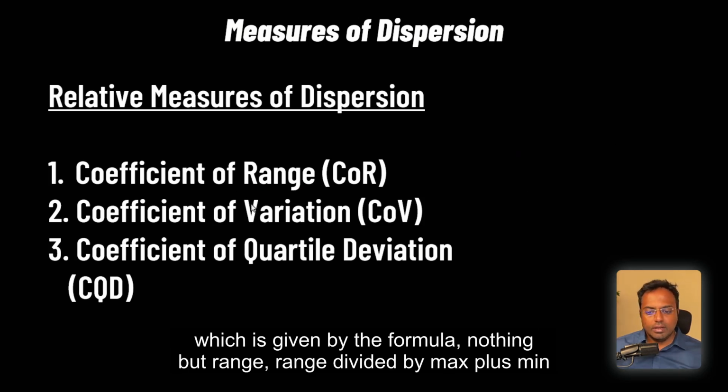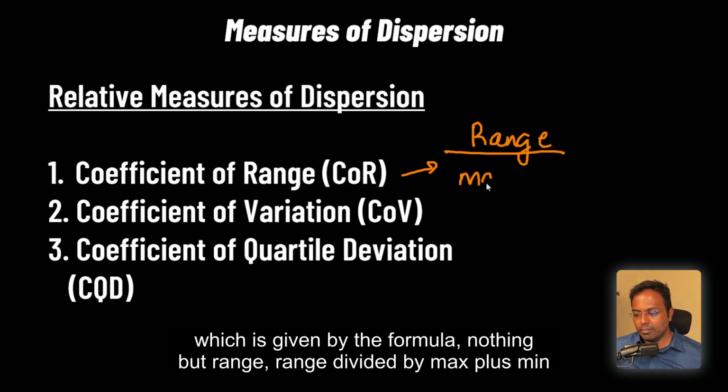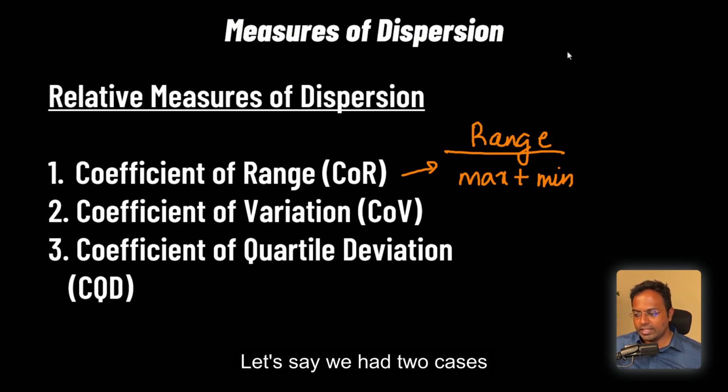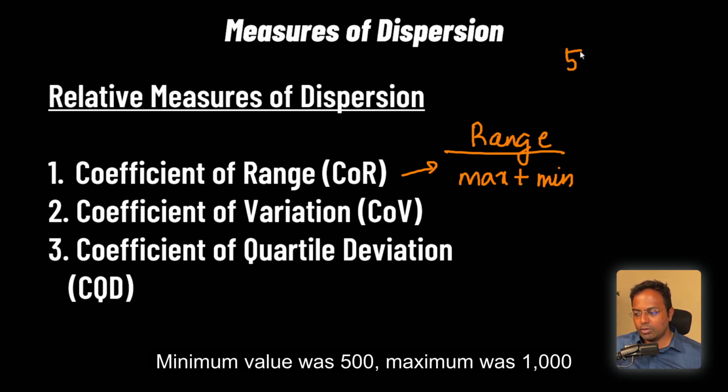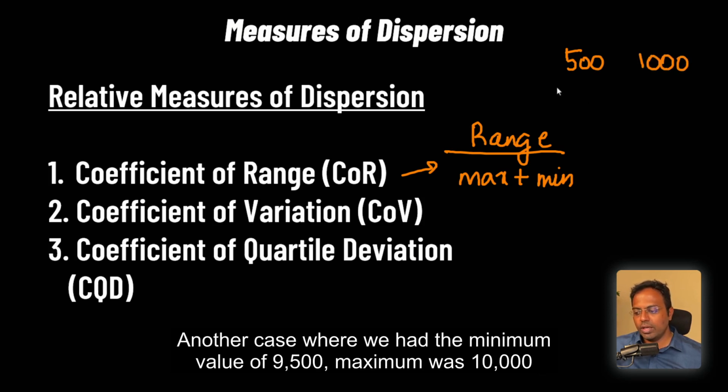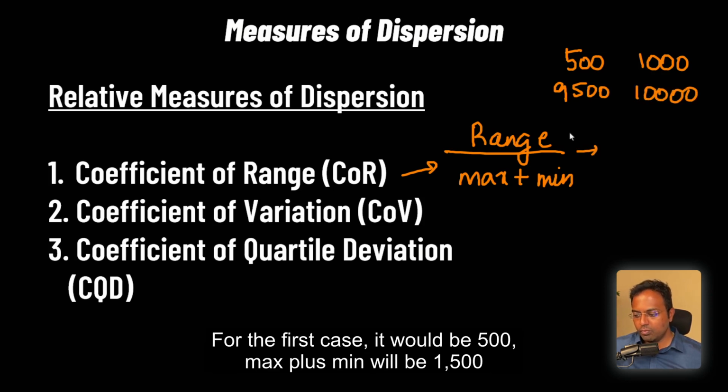That's why we have the coefficient of range, which is given by the formula range divided by max plus min. Let's say we had two cases. In the first, the minimum value was 500 and the maximum was 1000. In the second, the minimum value was 9500 and the maximum was 10,000. For the first case, it would be 500 divided by max plus min, which is 1500.